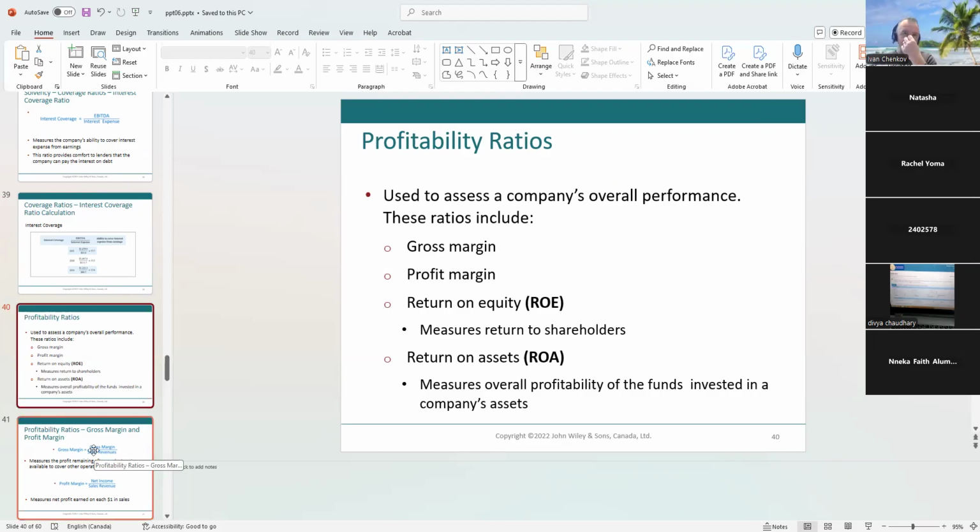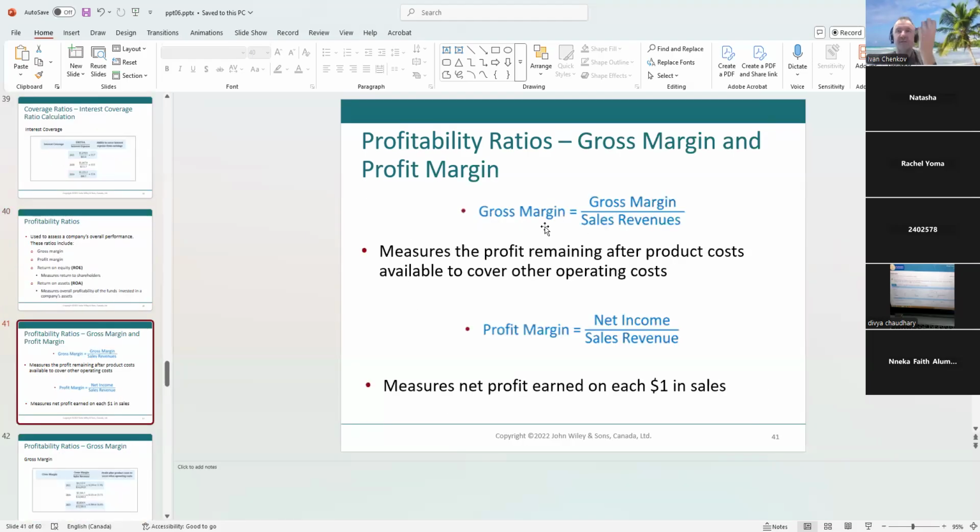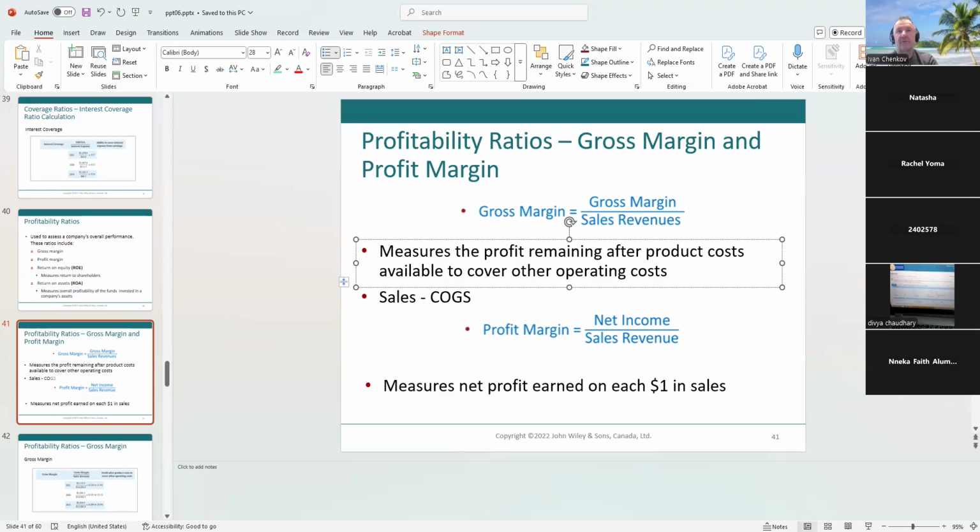So let's see the first one. Again, gross margin simply tells you how much the company generates from the main purpose of the business. That's why gross margin is calculated by simply taking sales minus cost of goods sold, and that's always going to give you gross margin.